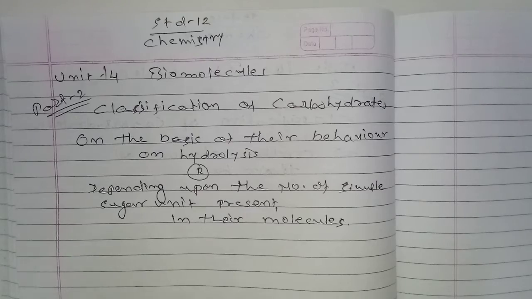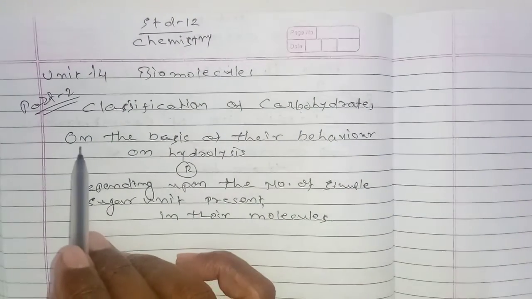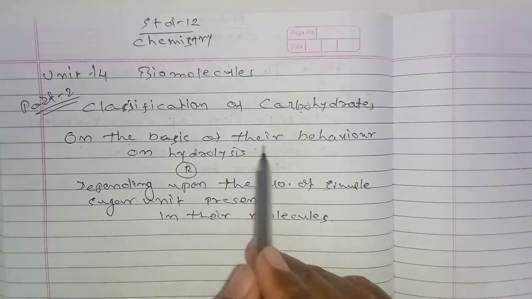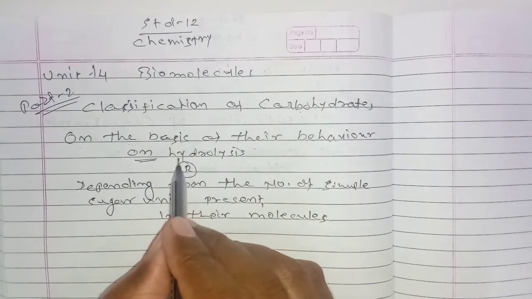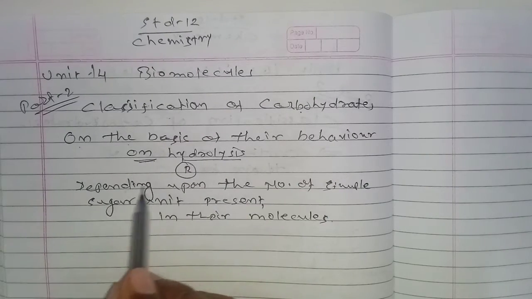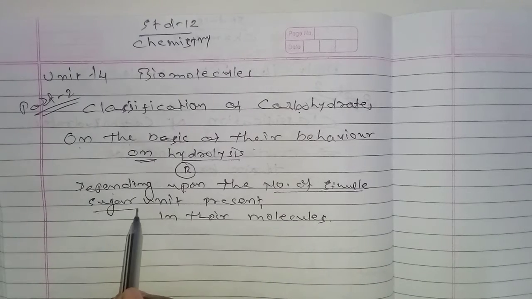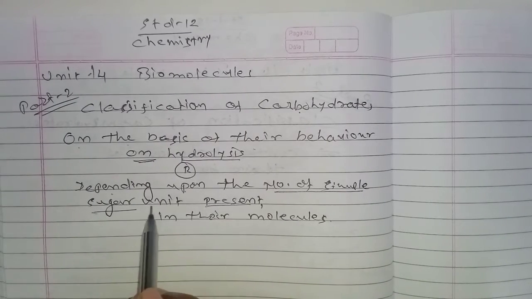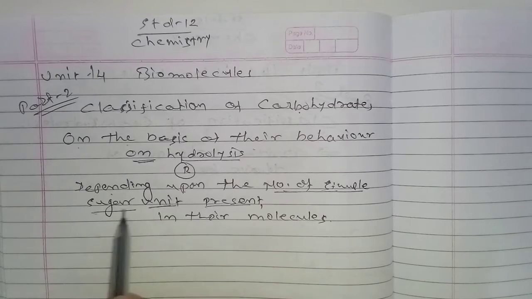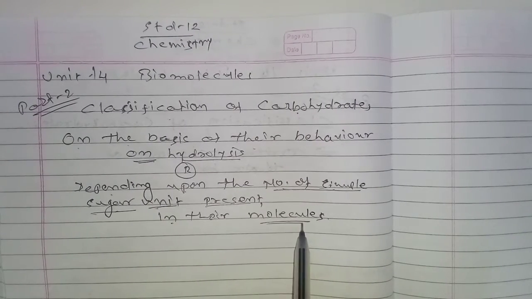Here is the classification of carbohydrates on the basis of their behavior on hydrolysis, or in other words, depending upon the number of simple sugar units present in their molecules.